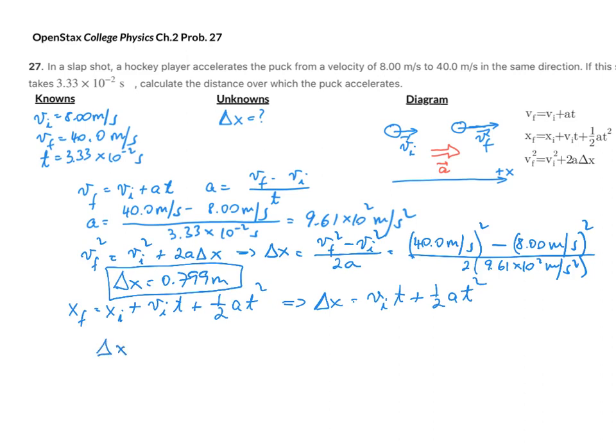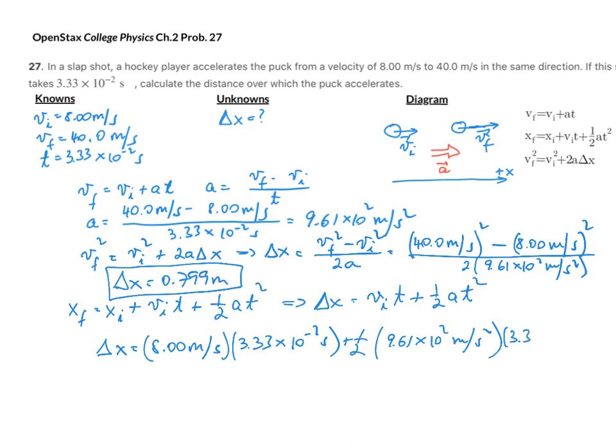So delta x is 8 meters per second times the time, 3.33 times 10 to the negative 2 seconds, plus 1/2 times the acceleration, which we found to be 9.61 times 10 to the second meters per second squared, times the time squared, 3.33 times 10 to the negative 2 seconds quantity squared.